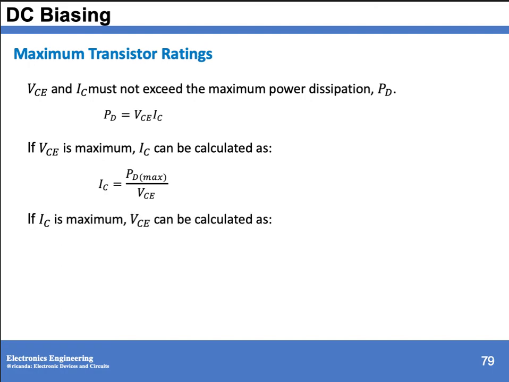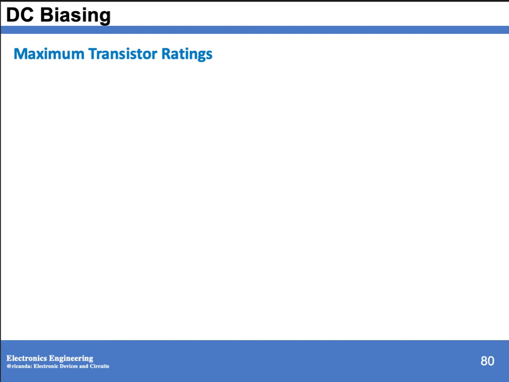And if IC is at maximum, we can solve VCE as PD maximum over IC. So that is how to solve for your IC and your VCE.